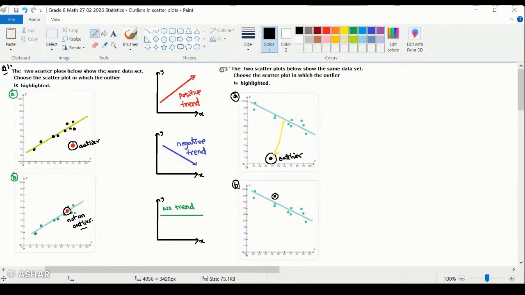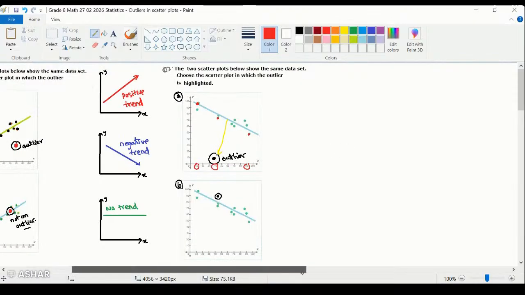Okay, so option A has the outlier with a negative trend. That means if x is increasing, y is decreasing. How do we say that? If x was 10, y was this. If x was increased to 40, y became less. X is increasing, y is decreasing, right?